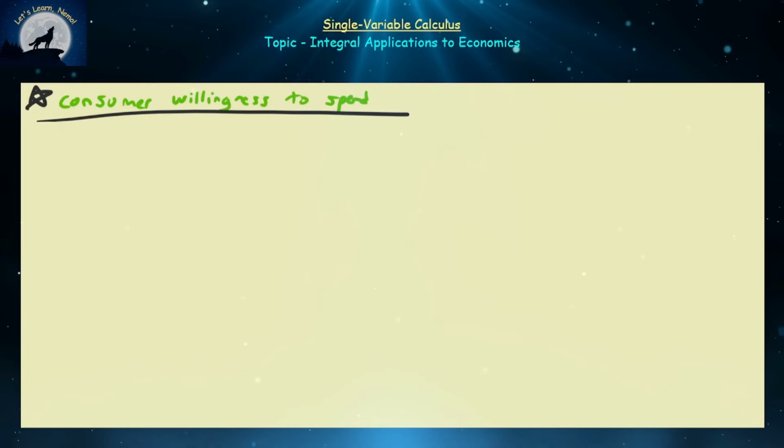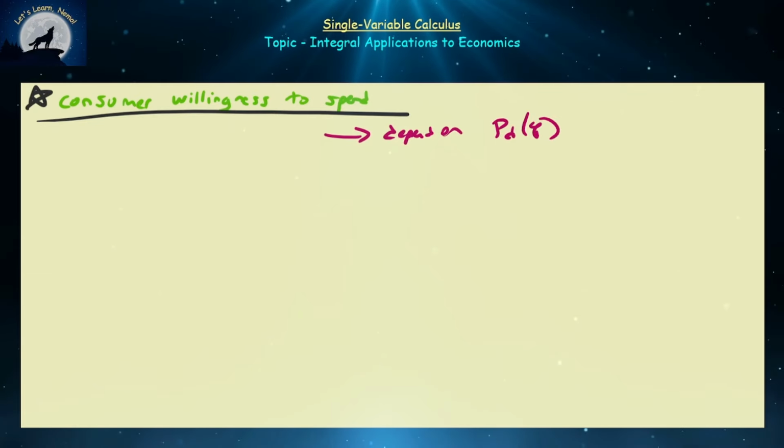Because obviously when the price is really cheap, consumers are willing to spend a lot of money to buy many of those quantities. But when the price is really, really high, usually we want to buy less. So consumer willingness to spend is going to depend on which curve, supply or demand? This is obviously going to depend solely on the demand curve.